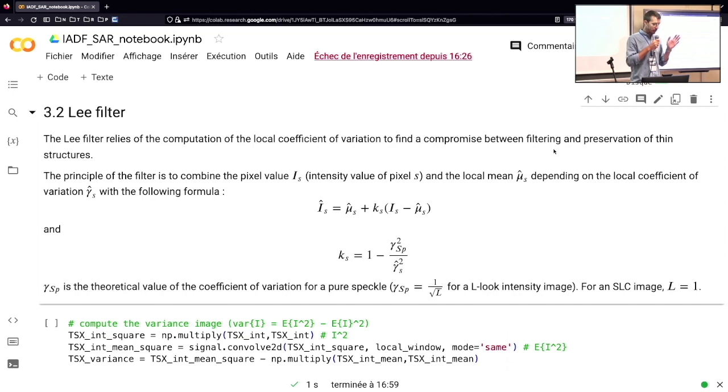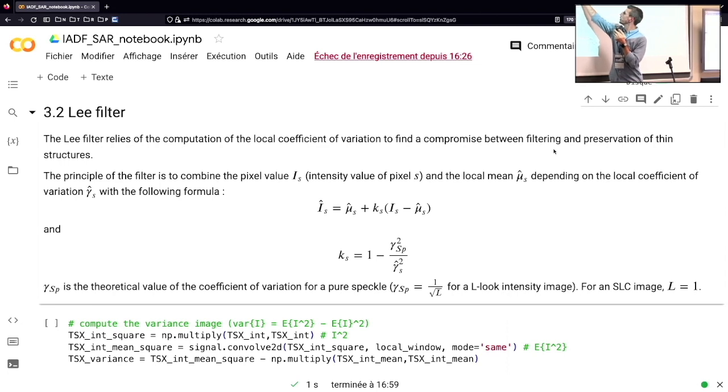So if the coefficient of variation tells you that the area is homogeneous, then we are going to stick with the mean. If instead the area is heterogeneous, then you're going to give back the intensity information.